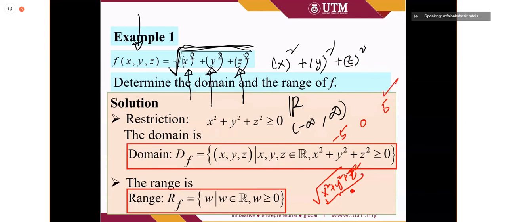So it is not possible to get a negative answer inside the square root. So positive infinity is there, confirmed. What about 0? If I put 0, the minimum value will be 0. So the range will be: square root of 0 is 0, square root of infinity is infinity.